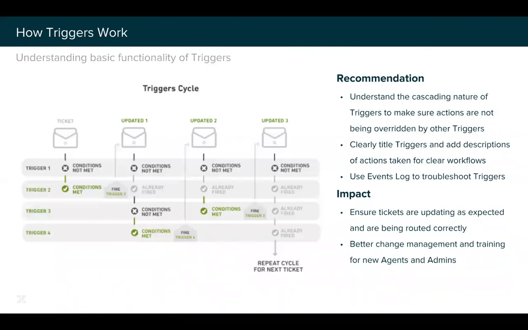So understanding this basic concept is really important for troubleshooting purposes, in case there's a change being made that's then being overridden by another trigger. So I can't stress this enough, that knowing the basic functionality of how these triggers operate is going to help you a lot as you set up your account, or as you try to scale, add new business processes, new agents, groups, and use that events log to then see which triggers acted on that ticket to then make any tweaks needed.